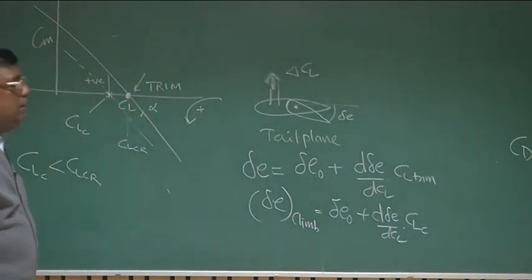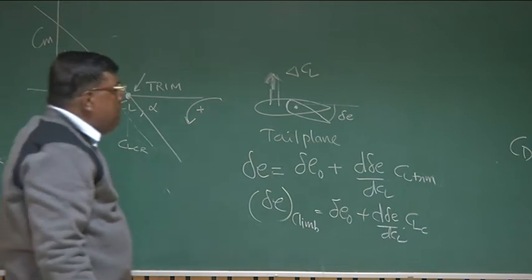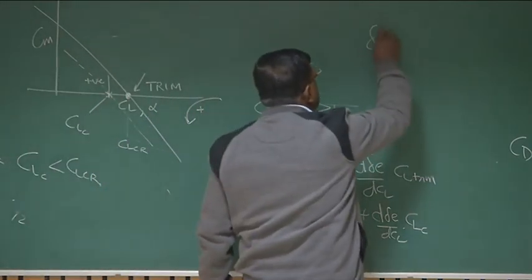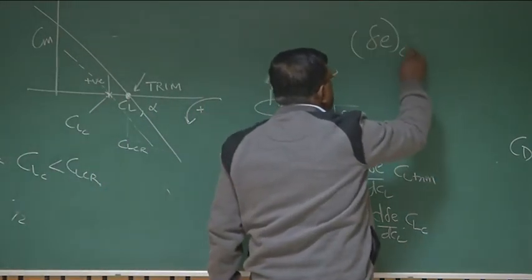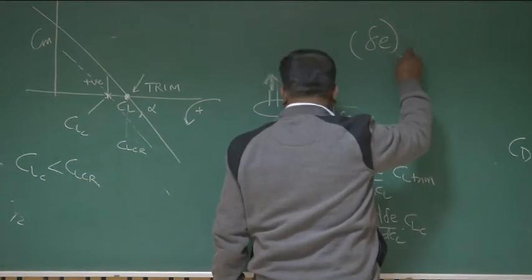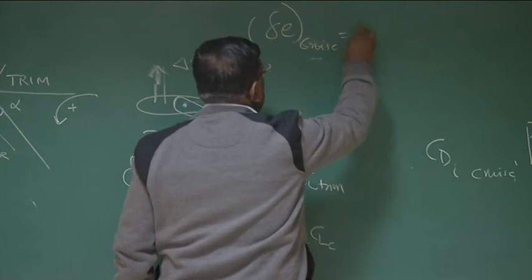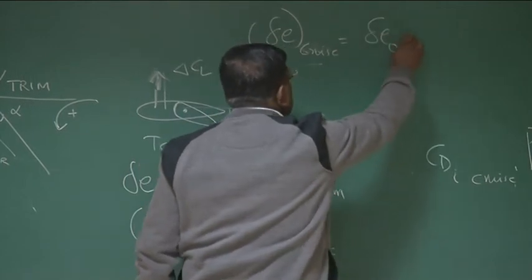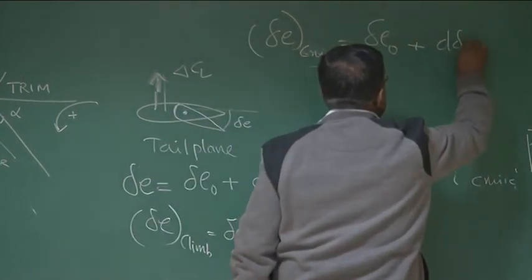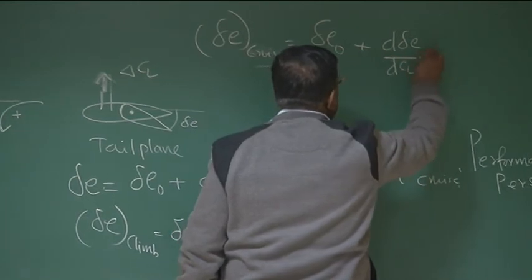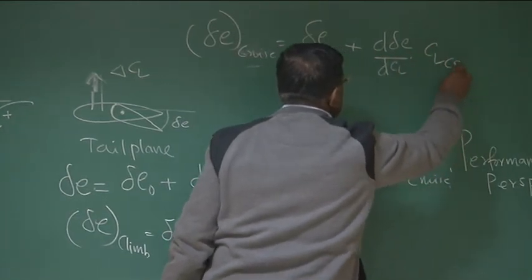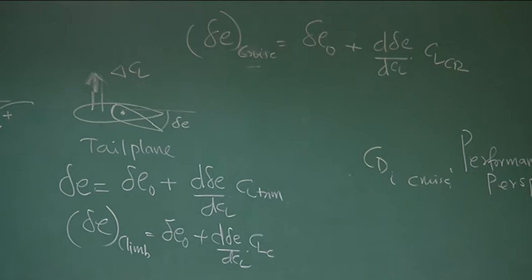If I want to know how much delta E is required for cruise, I will write delta E required for cruise will be equal to delta E naught plus d delta E by dCL into CL cruise. That will tell you how much delta E is required. This part is clear? Okay.